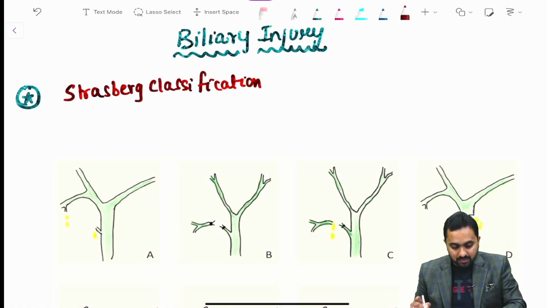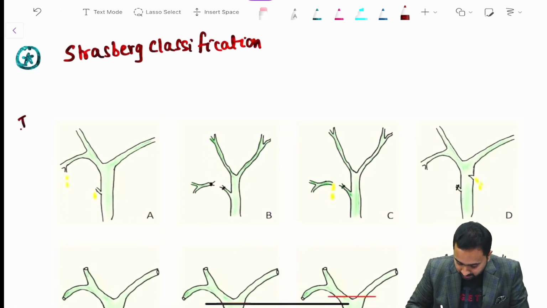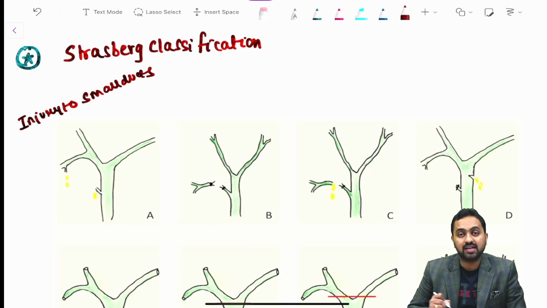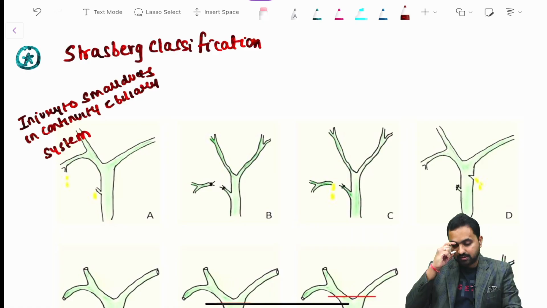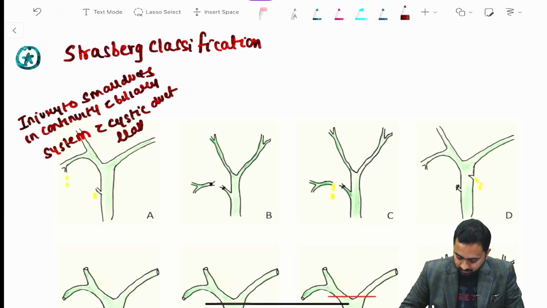In Strasbourg classification, we have your A. Over here, A is injury to your small ducts which are in continuity with your biliary system, associated with your cystic duct leak.